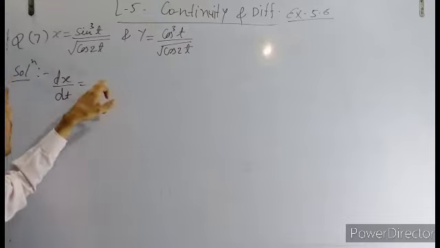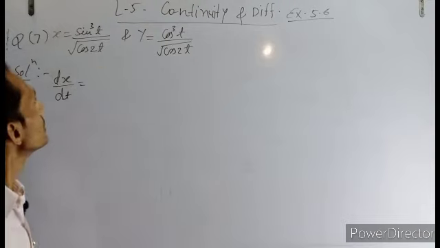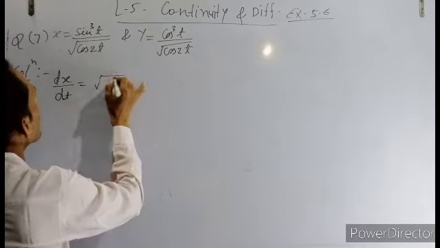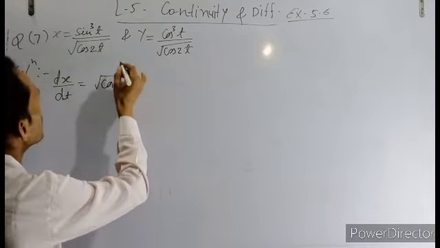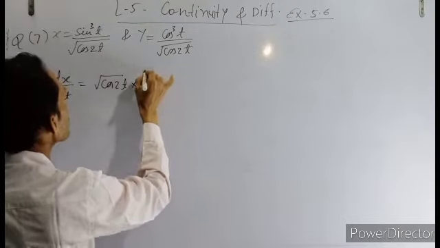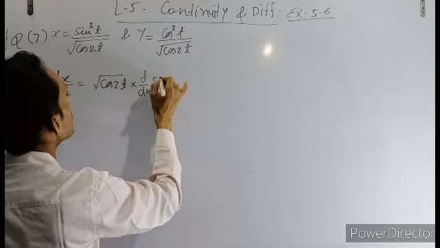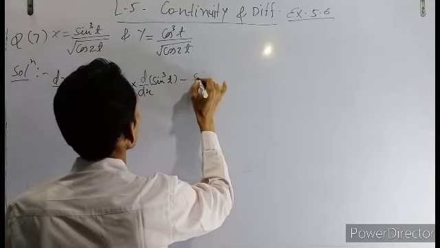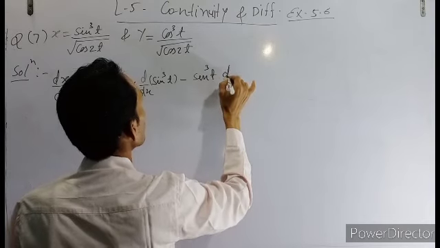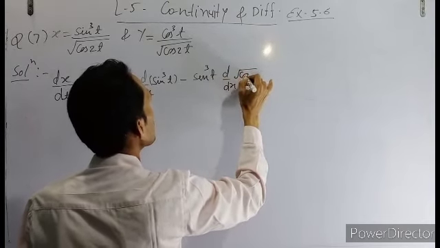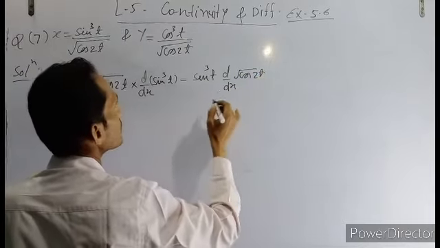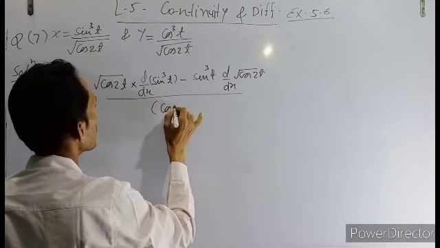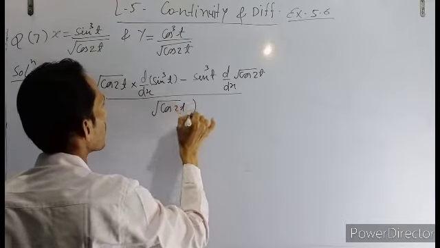Denominator as it is times the derivative of the numerator, minus numerator as it is times the derivative of the denominator. So, under root cos 2t into d/dx of sin cube t, minus the numerator as it is, sin cube t, into the derivative of under root cos 2t, upon the square of the denominator, under root cos 2t whole square.